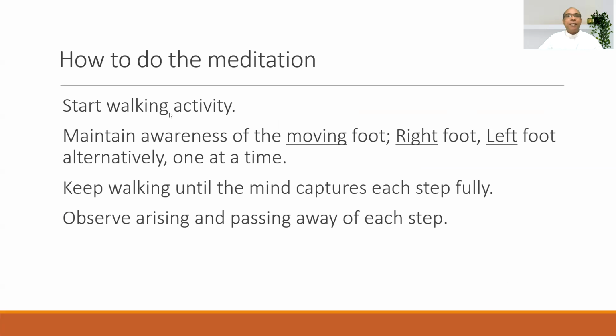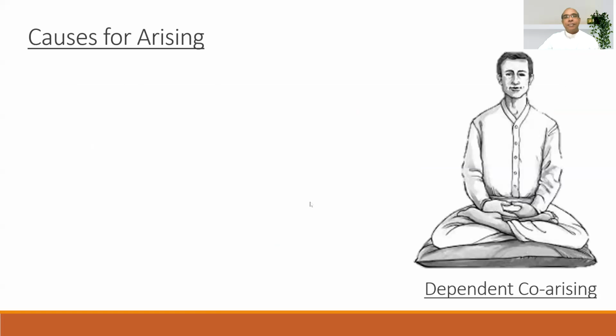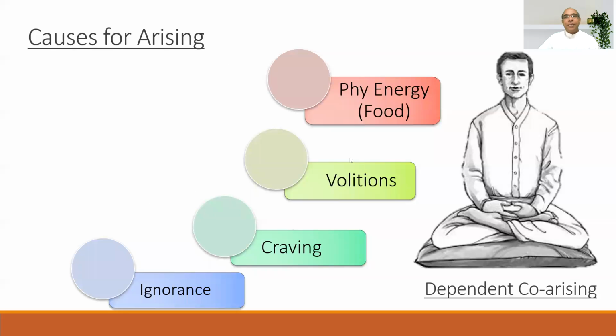This is what I explained. Start the walking activity. And first left movement, right movement monitoring is enough. And observe arising and passing away of every step with the knowledge of causes. These were the causes I put on the screen. Ignorance, craving are the mental factors. Physical volition is also a mental factor to do a physical activity, decision to do a physical activity, and then physical energy.